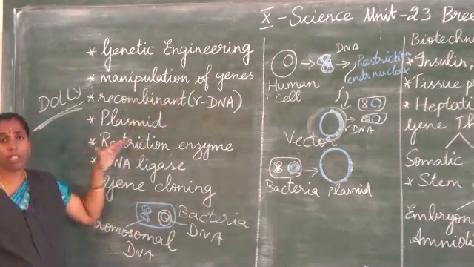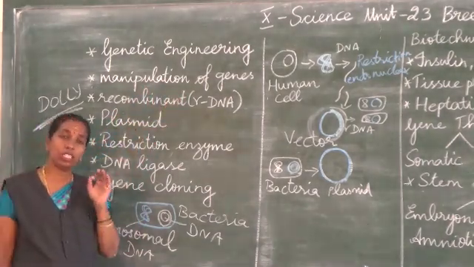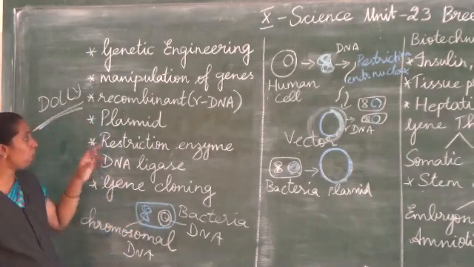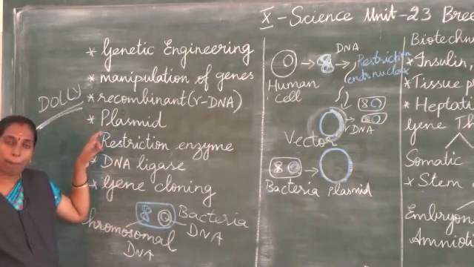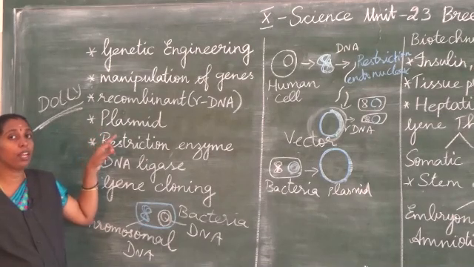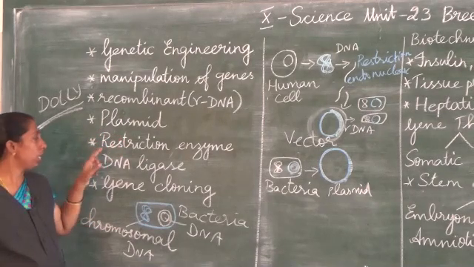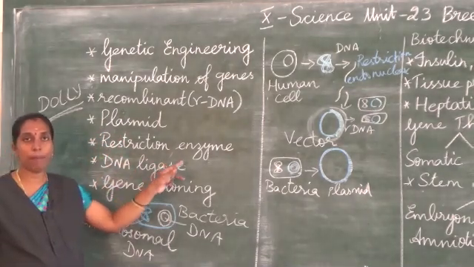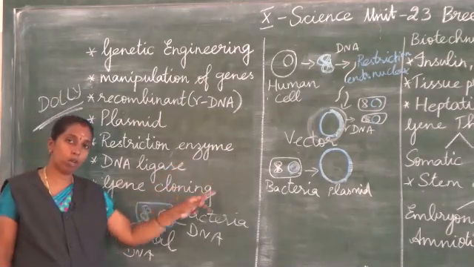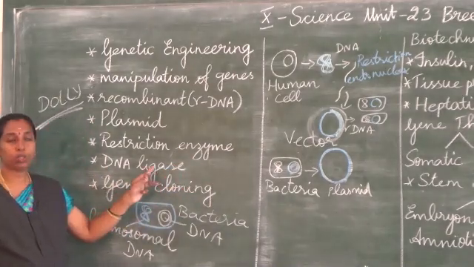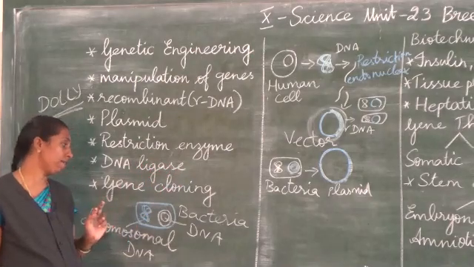For genetic engineering, three essential things are required. First is the plasmid, a double circular extra DNA found in bacteria. Second is the restriction enzyme, also called molecular scissors. Third is DNA ligase, which is used to join DNA fragments.